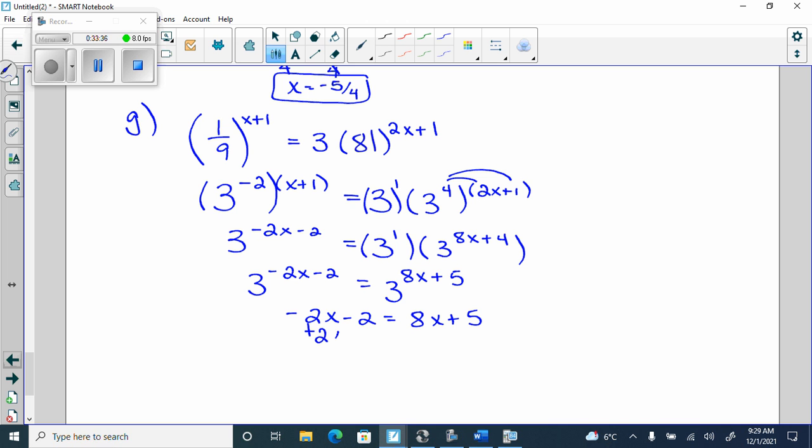Add 2x. Negative 2 equals 10x plus 5. Subtract 5. Negative 7 equals 10x. Divide by 10. x equals negative 7 over 10.